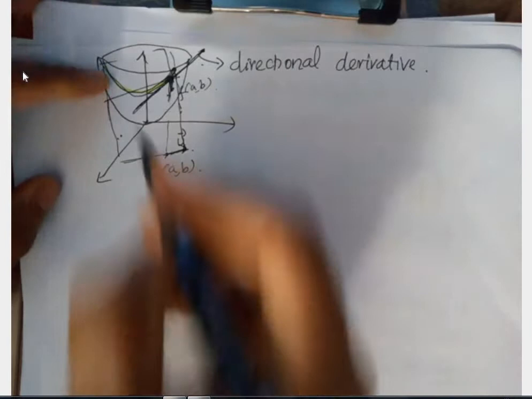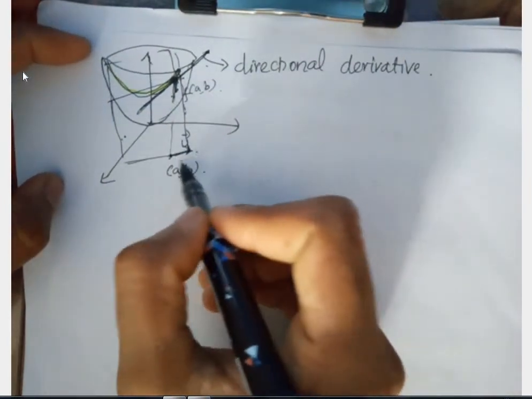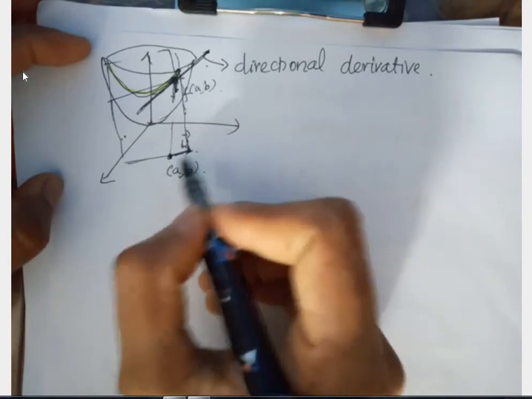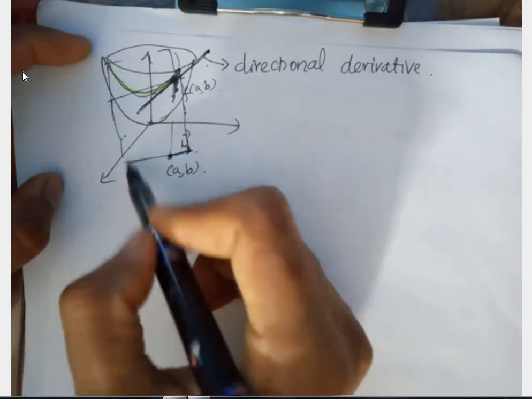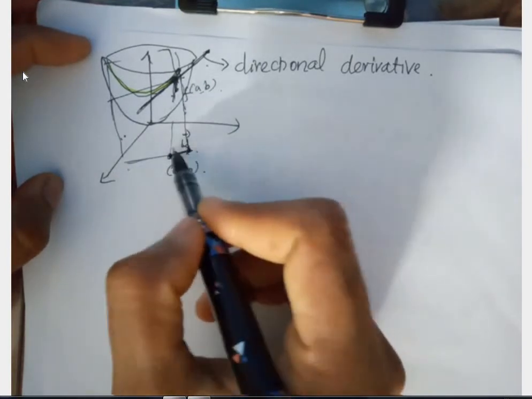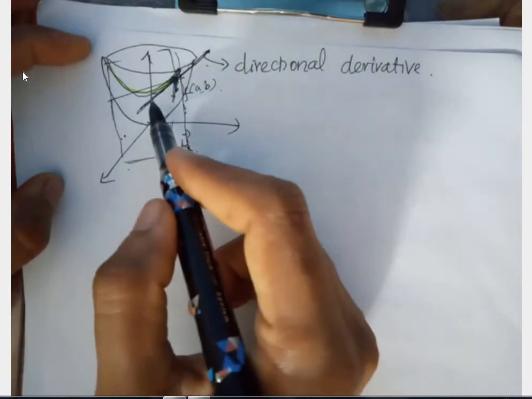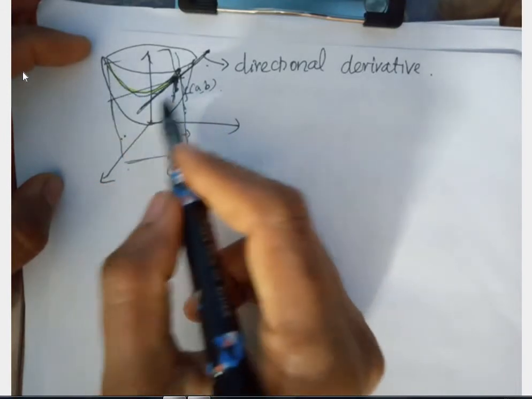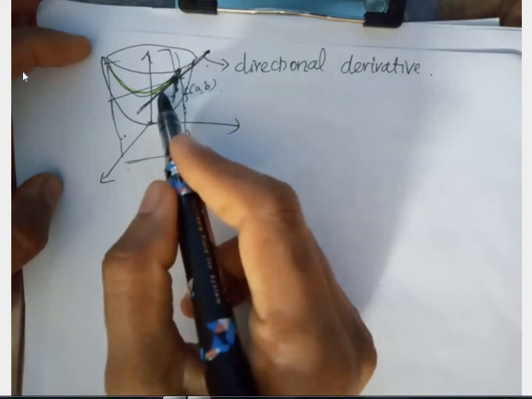To recap, first this is our surface. I need a point (a, b) and a unit vector u. Next, I have taken a plane in the direction of u. This plane will cut the surface at some points, and these points form a curve. Suppose this is that curve.